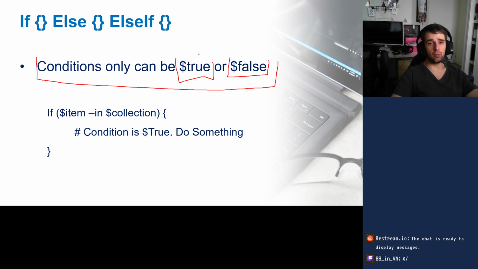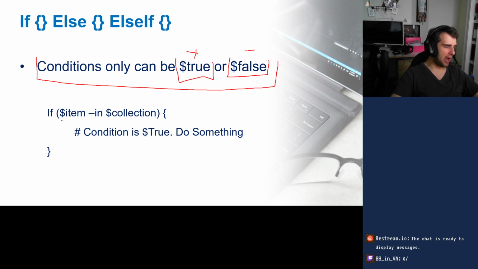So the way PowerShell will look at it is, let's say we have an if with the string hello present, it'll say, yeah, hello is present, then it's true. So conditions really can only be true or false.